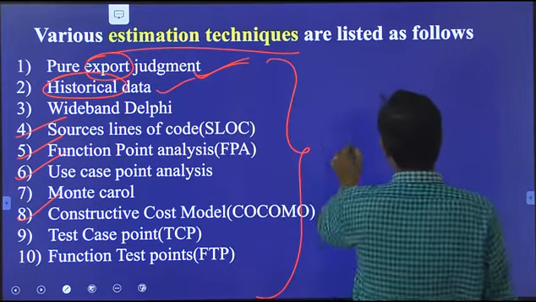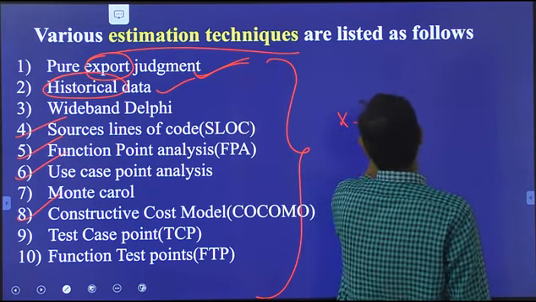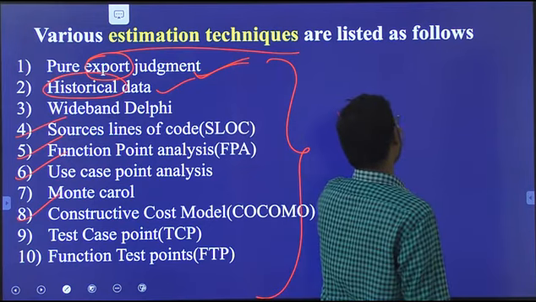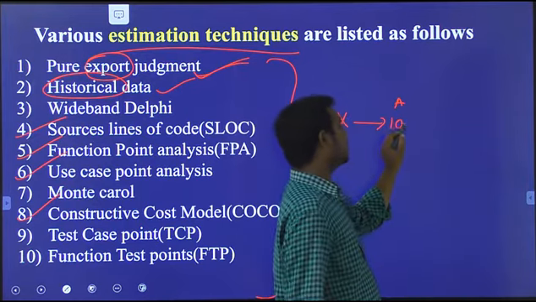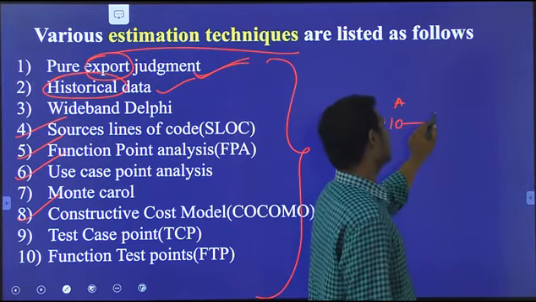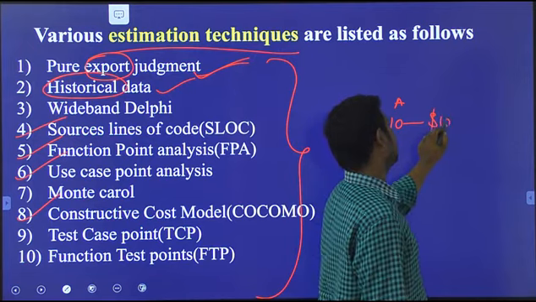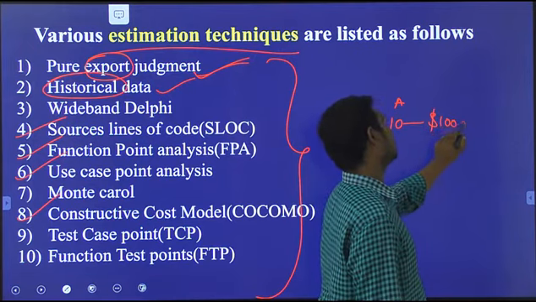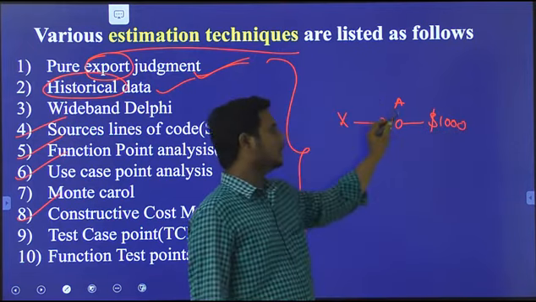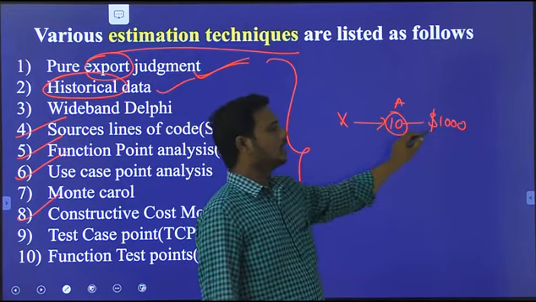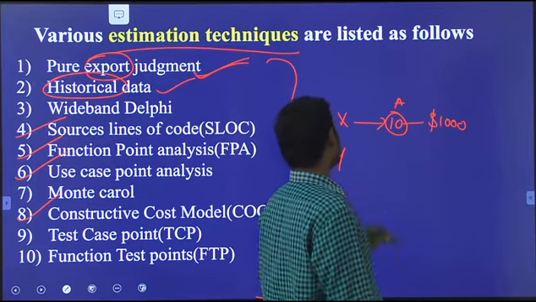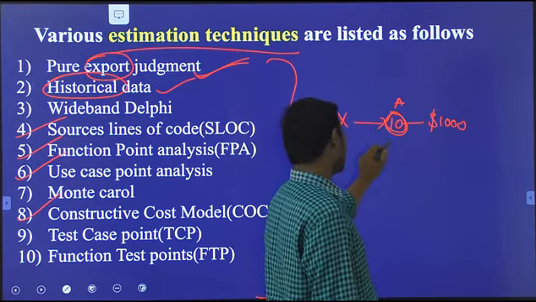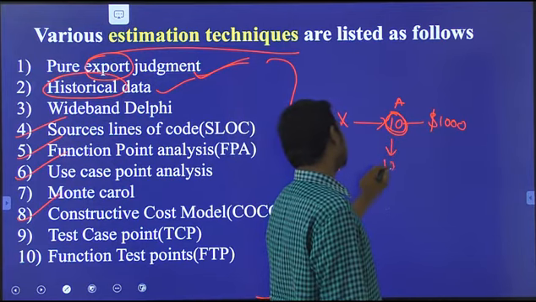Suppose, for example, in X project there are 10 activities. These 10 activities, suppose, cost $100 each. In the Y project, a new project, we take the same 10 activities.